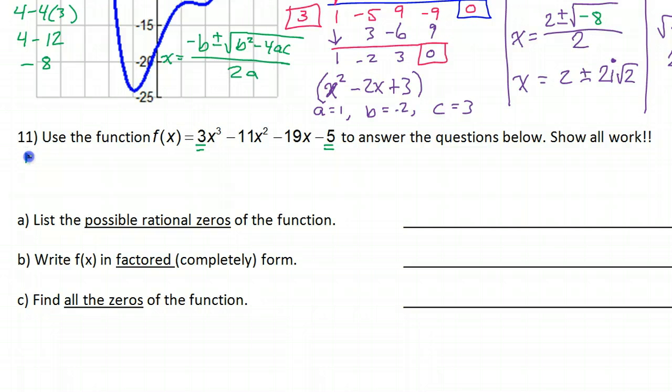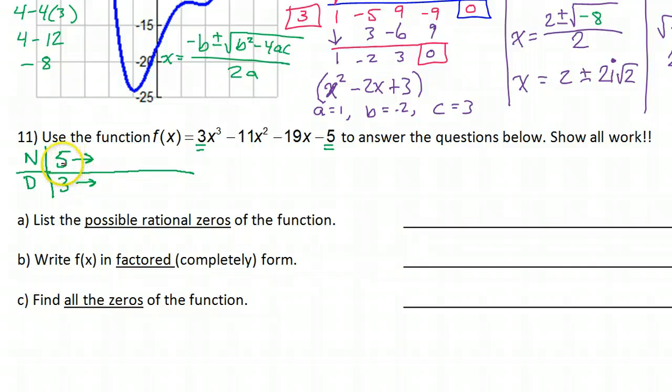So it's like this. If I'm talking about numerators and denominators, n over d, the possible numerators are going to come from the constant term, and the possible denominators are going to come from the leading coefficient. And when I say come from, I mean they're going to be factors of.